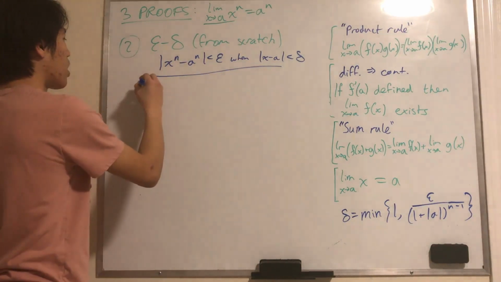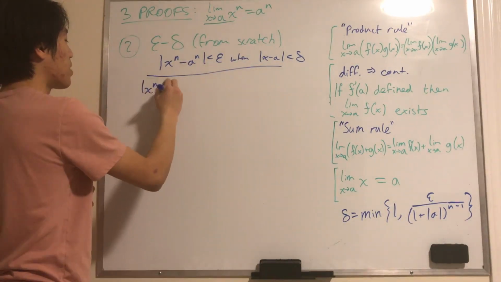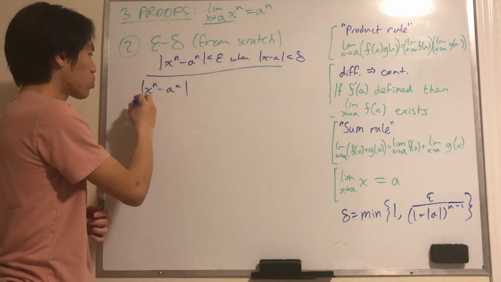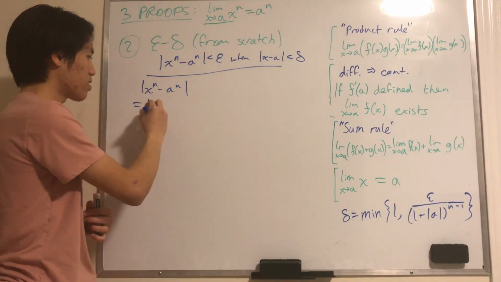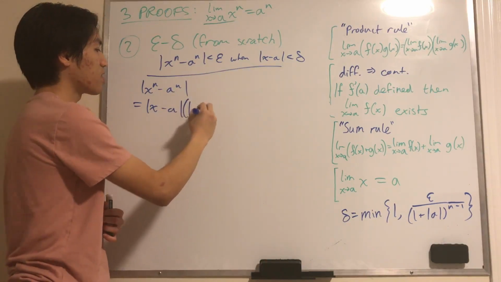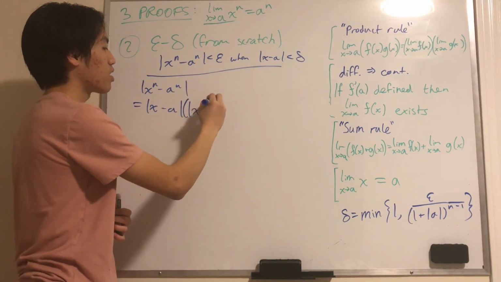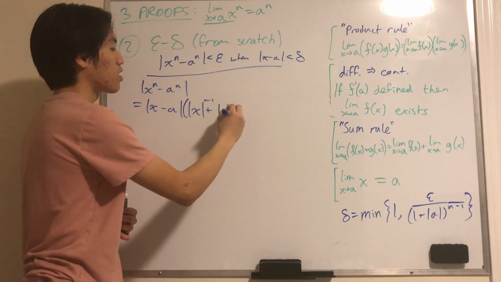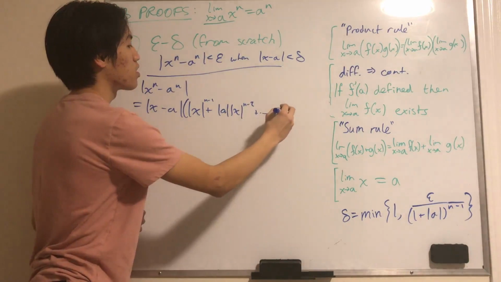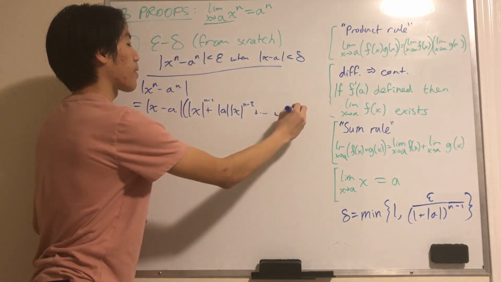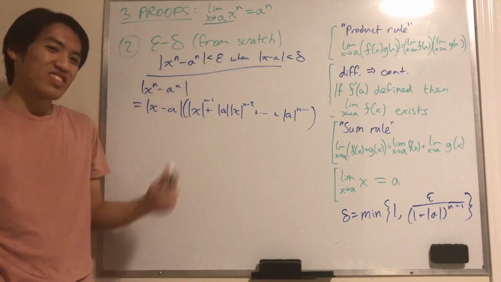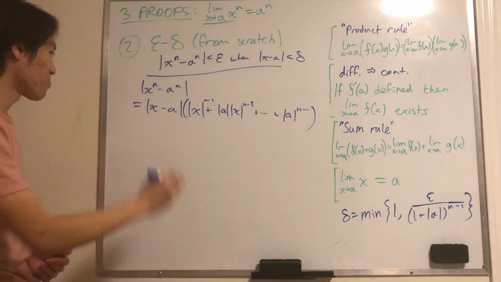So we have absolute value of x to the n minus a to the n. Well, we can factor it. Something like that, up to n minus 2. Deja vu.